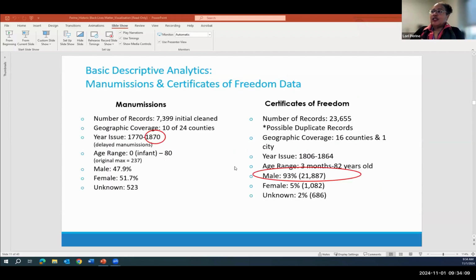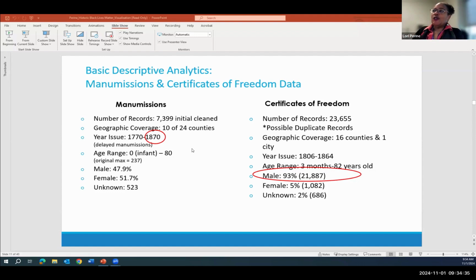And just to give you a sense of the documents that we were using, notice that we've got over 7,000 records for the manumissions, and 23,600 or so records for the certificates of freedom, all of which had various anomalies, which is part of another talk, and we can talk about that later.